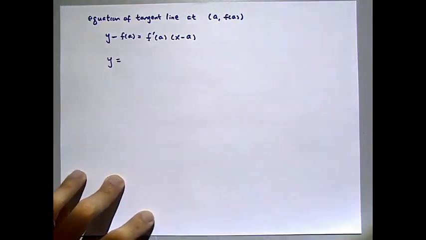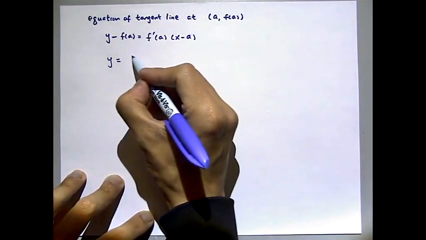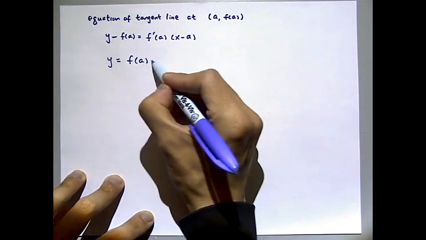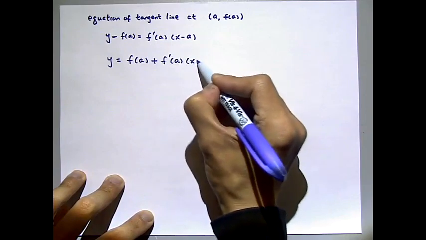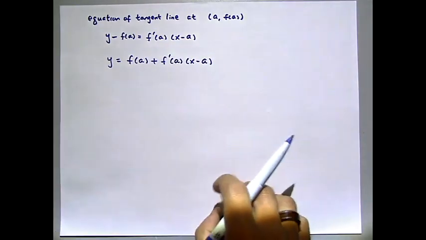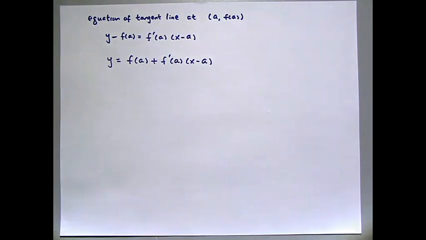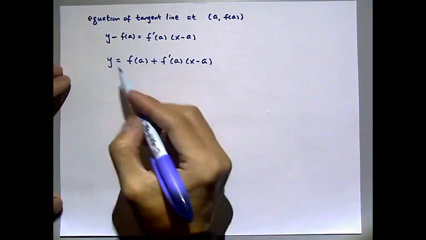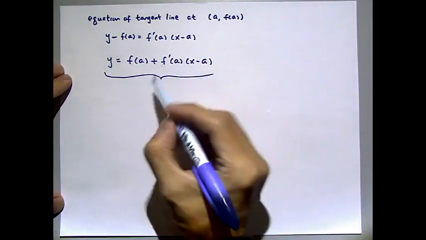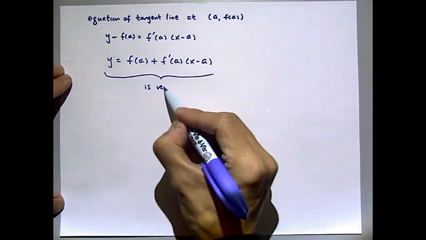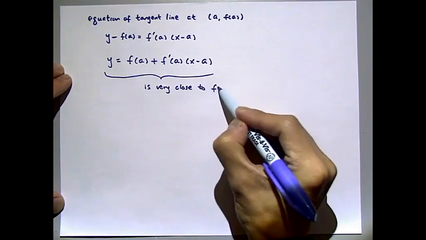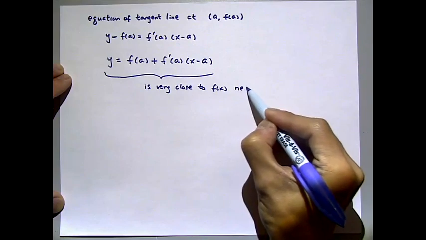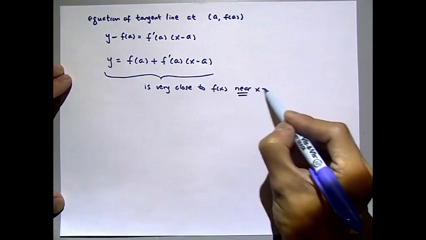Rearrange this a little bit. The equation of the line can be written as f of a plus f prime of a times x minus a. And once again, this is very close to the function f of x near x is equal to a.